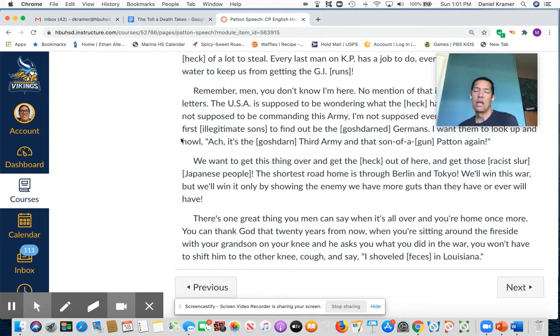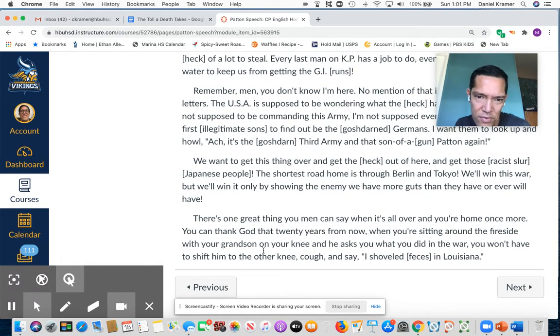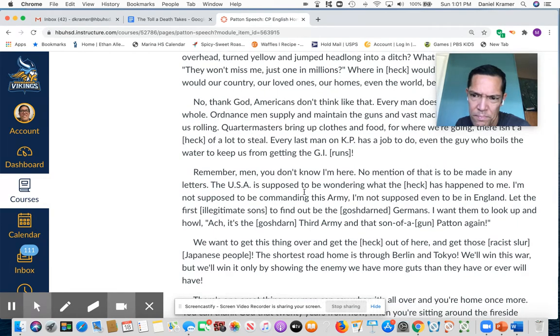So, not a lot of rhetorical devices, some imagery. Certainly, anytime he tells us a made-up story about the Germans looking up and seeing him, and it's Patton, right? That's some imagery. The graves, the 400 graves, that's imagery. Even this thing at the end here, the grandson, that's imagery, right?